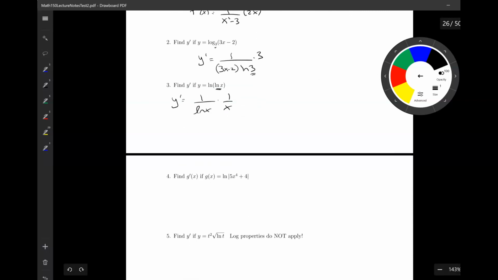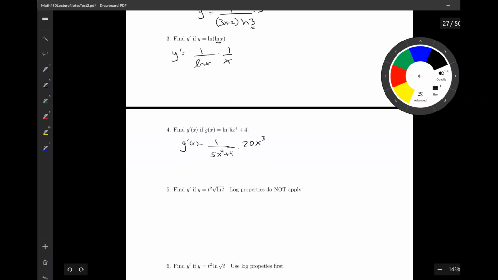Here's the absolute value in the original problem. So the derivative will be 1 over 5x to the 4th plus 4 times the derivative of 5x to the 4th, which is 20x cubed. Okay, the log properties do not apply here, so this can just be rewritten as ln of t to the 1/2 power.